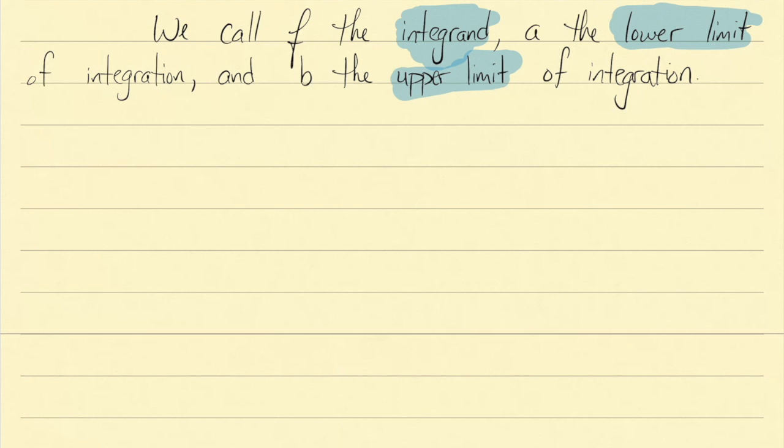The condition that this limit of a sum has to not only exist, but exist for all possible choices of sample points and give the same value for all possible sample points is a pretty big condition. It turns out that for continuous functions, or functions with only a finite number of jump discontinuities, our function is always integrable.